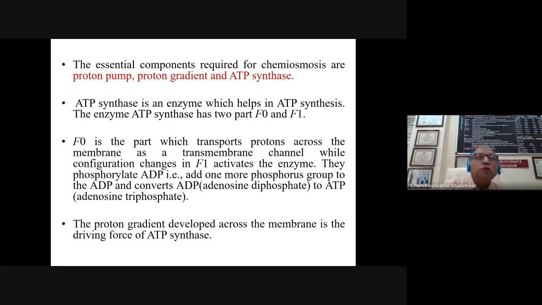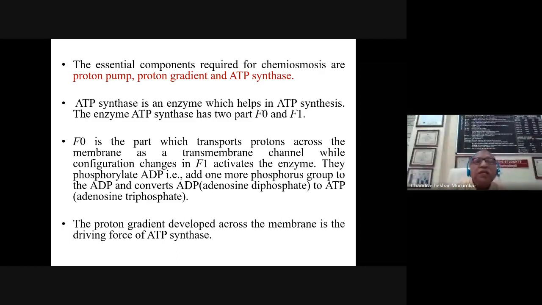So the essential components required for chemiosmosis are the proton pump, the proton gradient across the membrane, and the ATP synthase enzyme. The proton pump is the F0 component of the ATP synthase enzyme, which is pumping the hydrogen protons across the membrane.